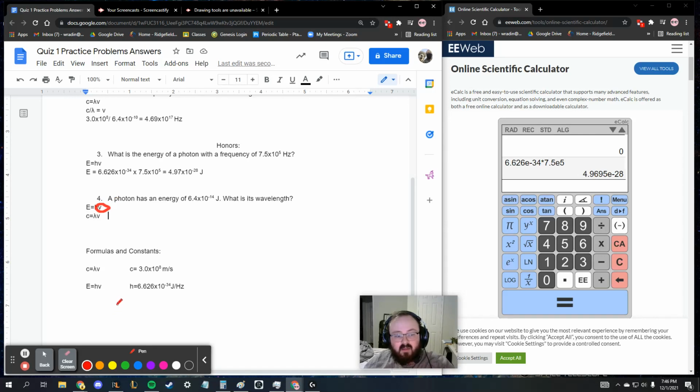So let's isolate for the frequency so that we can plug something into that frequency here. We're using our transitive property. So let me show you what I mean. C equals lambda times nu. So let's isolate the nu. Just get the frequency. We divide each side by lambda. C over lambda equals nu.